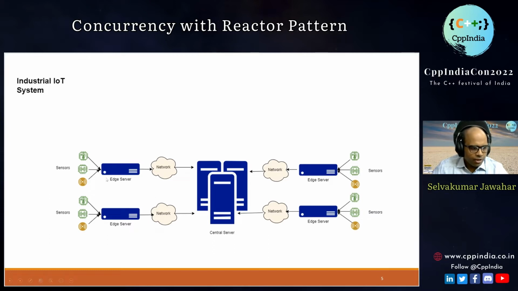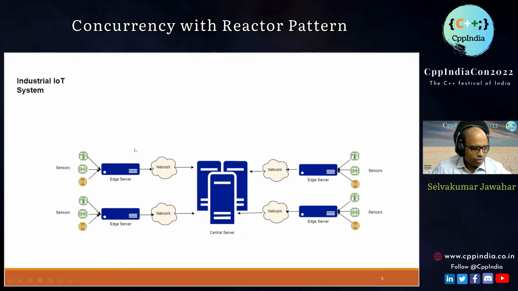This edge server interfaces with several sensors depending upon what you are going to measure, and the edge server then sends the data over the network to the central server. There could be hundreds of edge servers distributed geographically at different places, and they all send the data to the central server. The central server then collects the data and processes it. So this is a top-level IoT system which we are going to design.